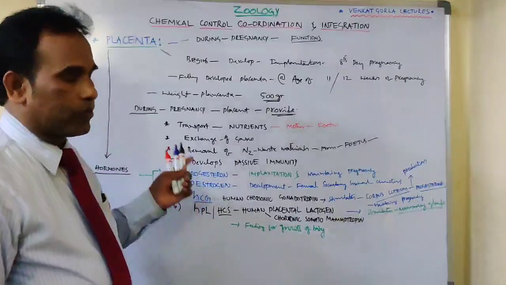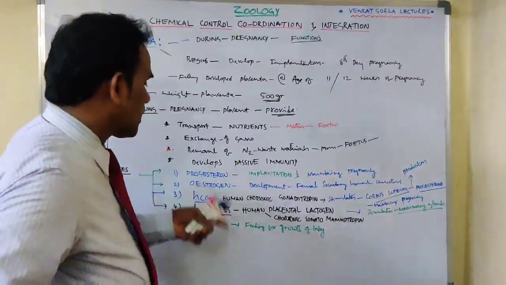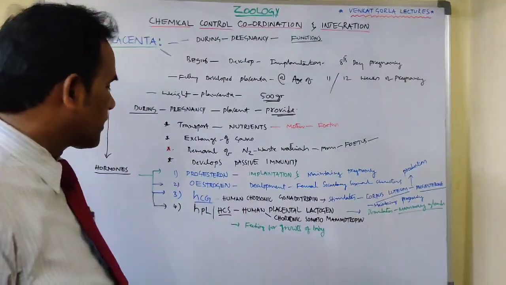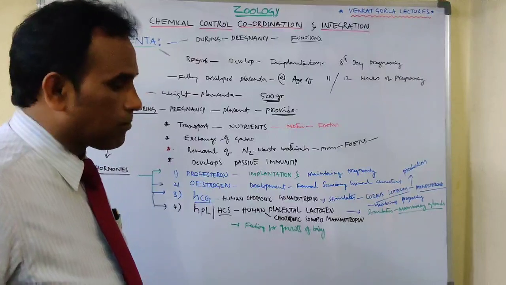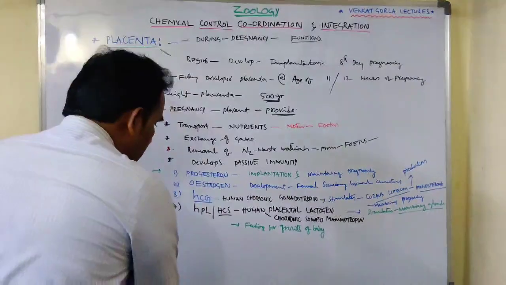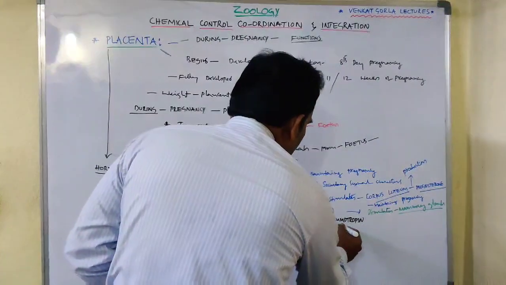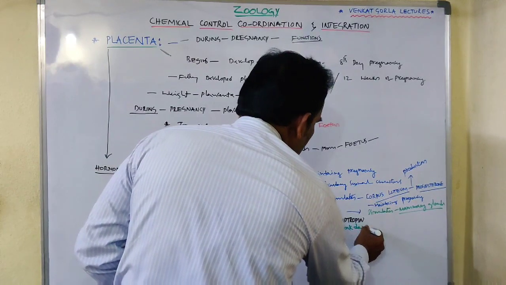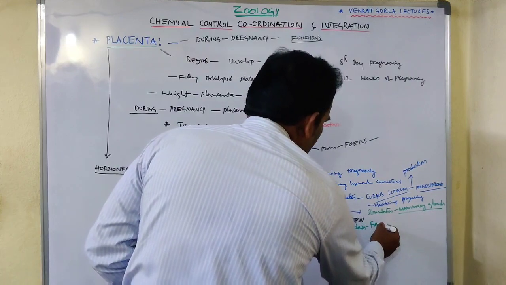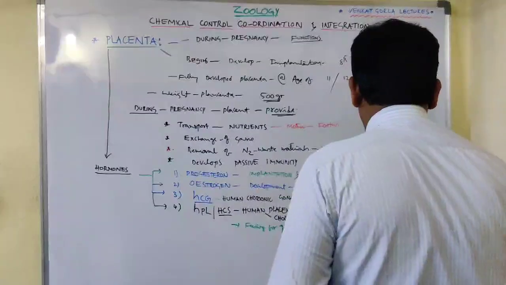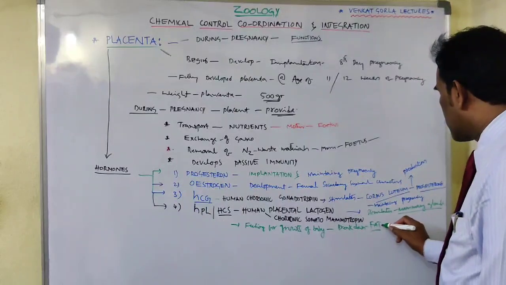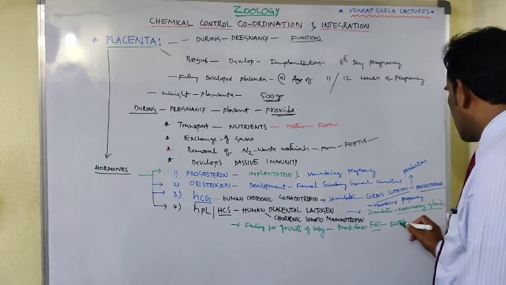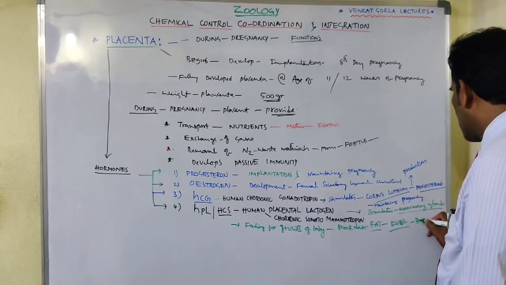Human placental lactogen, or human chorionic somatomammotropin, stimulates the mammary glands for feeding the growing baby, and it breaks down fats in the mother and forms fuel for the baby's growth.